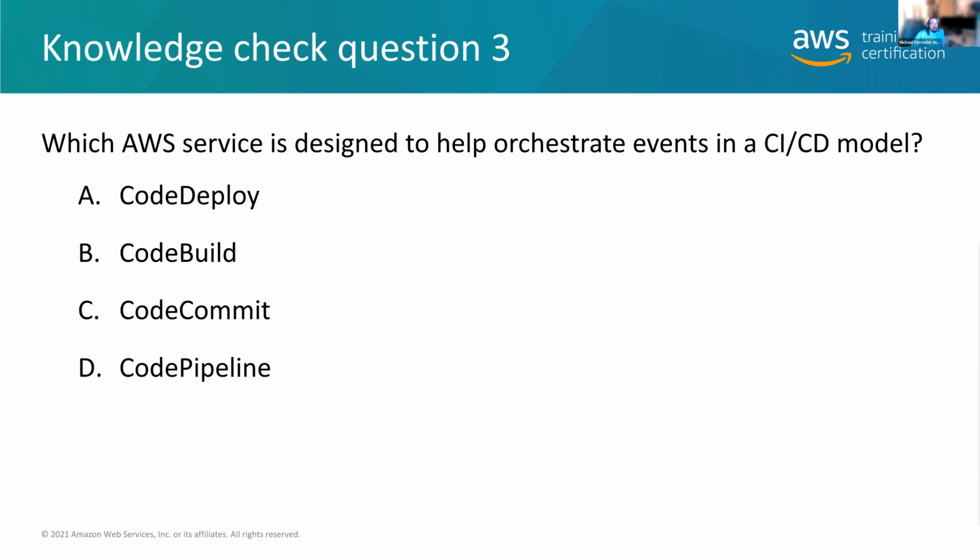Oh, Shyam, just one thing, be careful because the Snowball and Snow Cone systems are no longer just for data transfer. So they're now considered edge devices, and some of them have like 96 cores and terabytes of storage, way more than 80 on them. So just be mindful that the Snowball devices are no longer just for data storage.